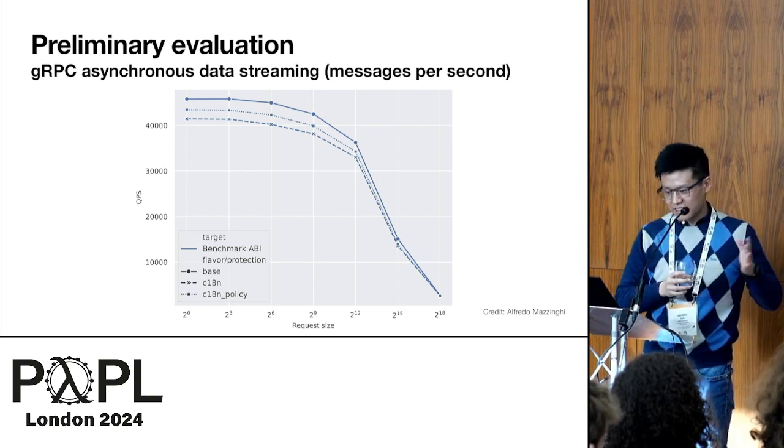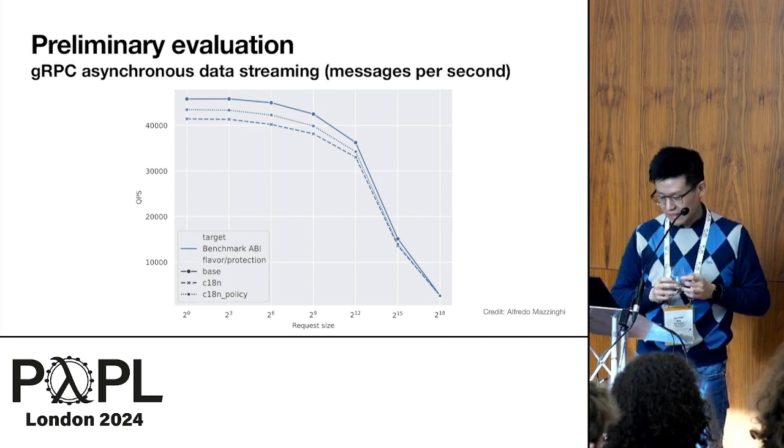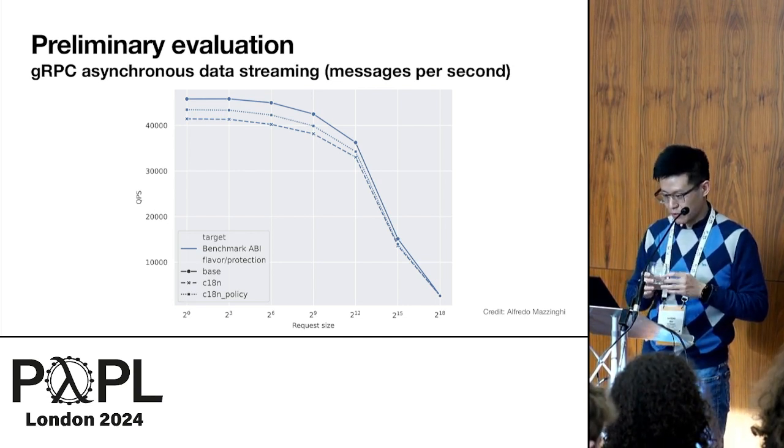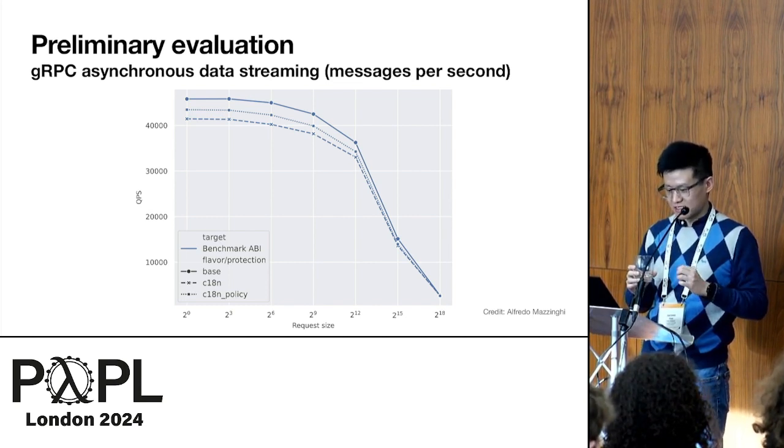So the top line is ideal performance, and the bottom line is when you turn on compartmentalization. You can see a slight decrease in performance, which is expected.